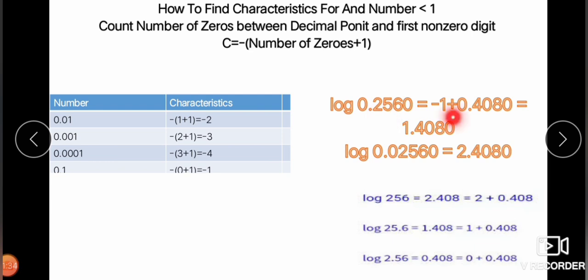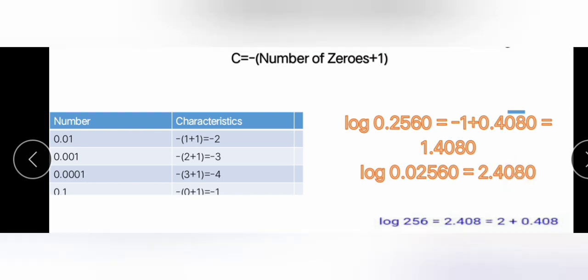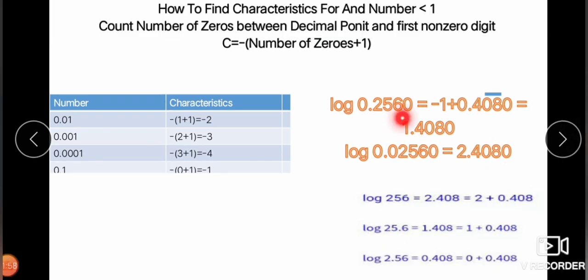Let us take a number less than 1. Characteristics for this number is minus 1 and log of this number, for row 25 in 60, is 0.4080. It is equal to bar 1 point 4080. This bar represents the negative value, bar means minus value.